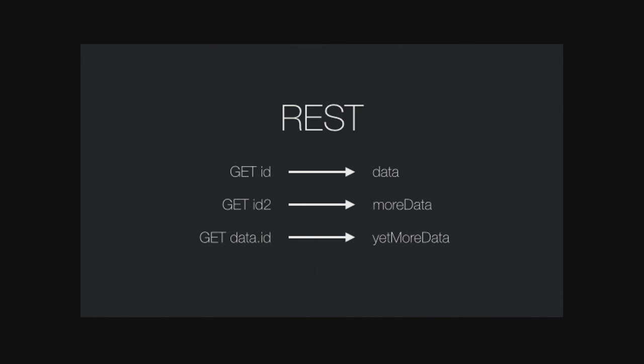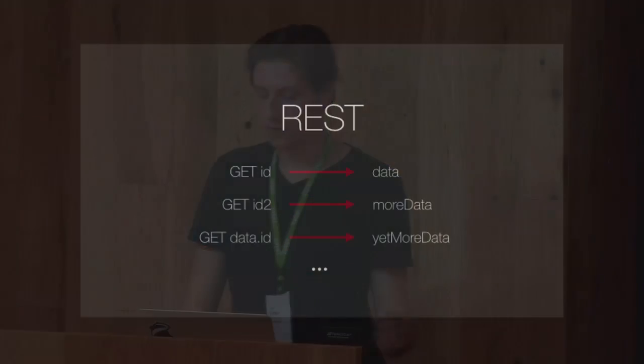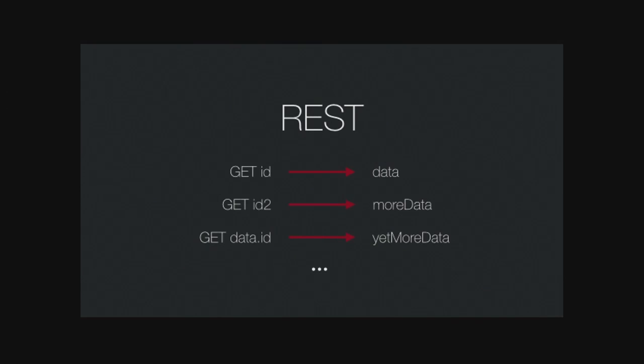So you have waves of requests that you need to perform. And you'd probably do more than just 3. So if you're doing all that over a slow network, that's a bit of a problem, right? Because on a 3G network, firing off 50 GET requests will get really, really slow.